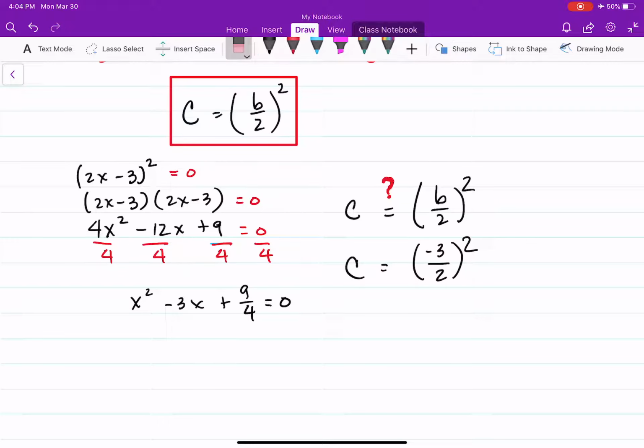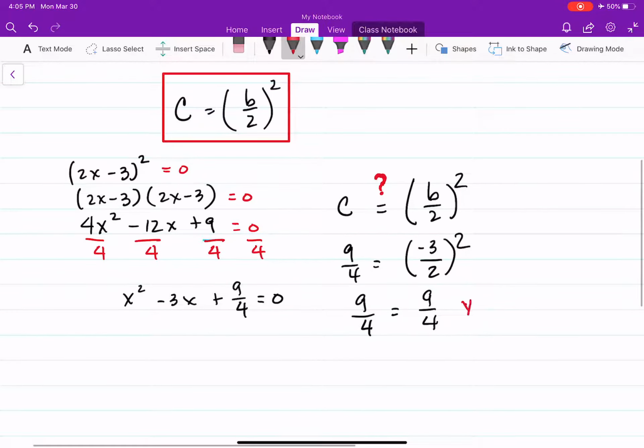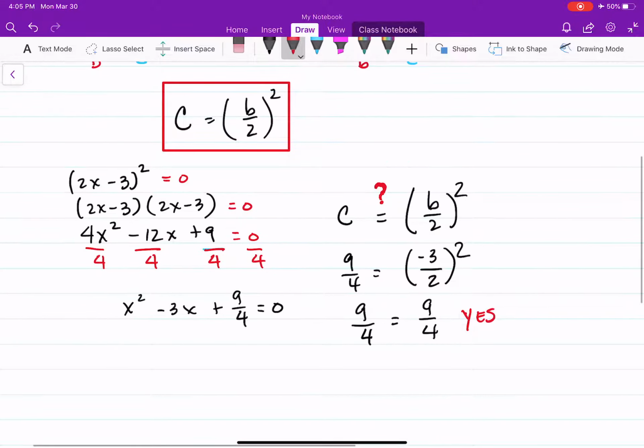Is 9/4 equal to negative 3 divided by 2, squared? And the answer is yes, it is. So in other words, if the a isn't equal to 1, I can make a equal to 1 and it'll still have this same relationship.